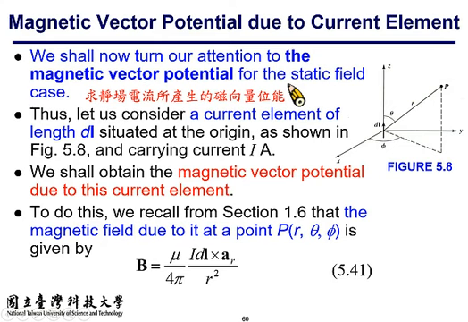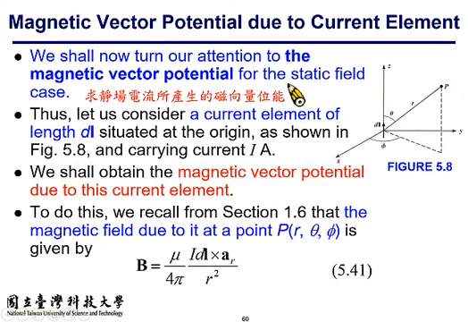However, the directions of the E field and the H field are somewhat different. The E field is established between the electrical charge source and the observation point, while the magnetic flux density does not lie in that direction.